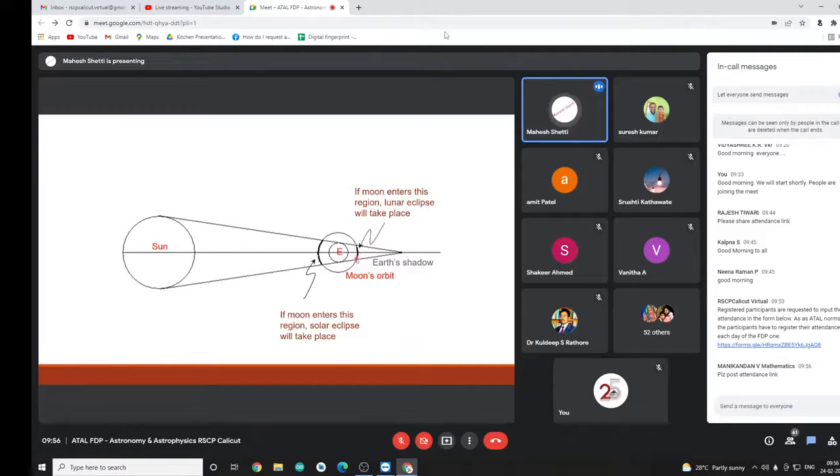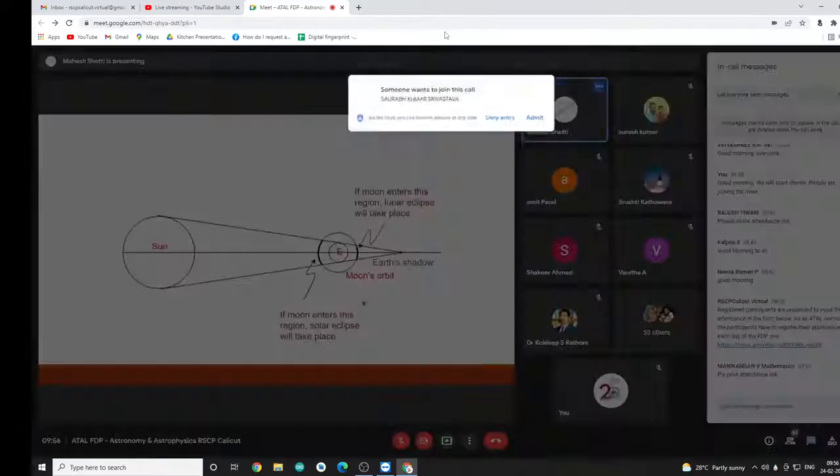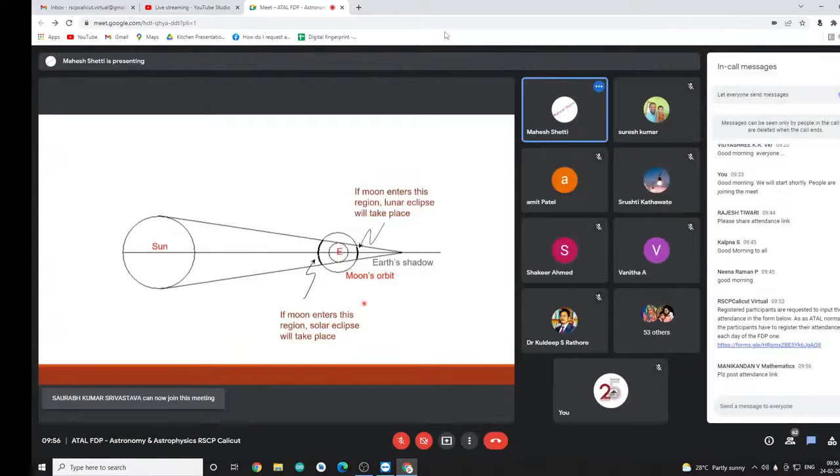This arc is smaller, there is less probability that a lunar eclipse will take place. So just by this simple diagram, we can see why solar eclipses are going to be more frequent than lunar eclipses.